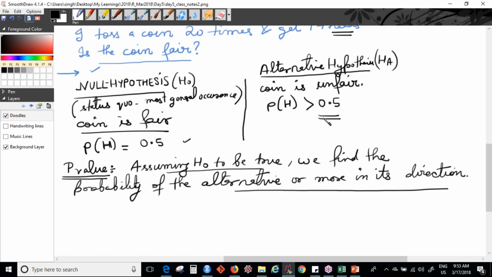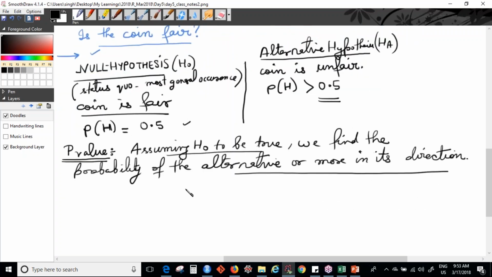So what is the direction of alternative? I have already gotten 17 heads in 20 tosses. This is my outcome that I have got. Now the direction of alternative is towards 1. So when your probability of head is towards 1, what would the outcome be?